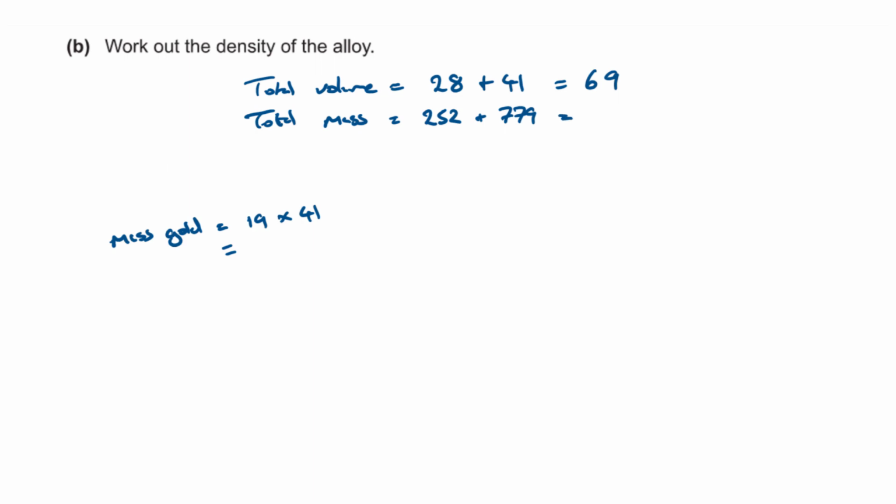So then the total mass is going to be 779 plus 252. Comes out to be 1031. Okay, so then the density of the alloy is going to be the total mass divided by the total volume.